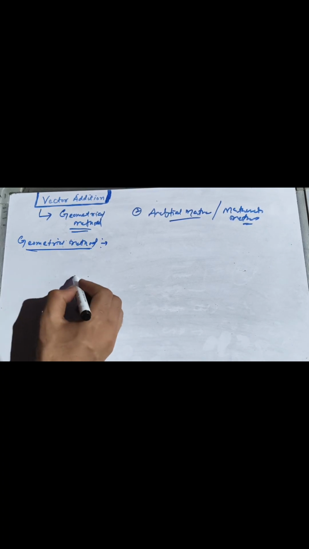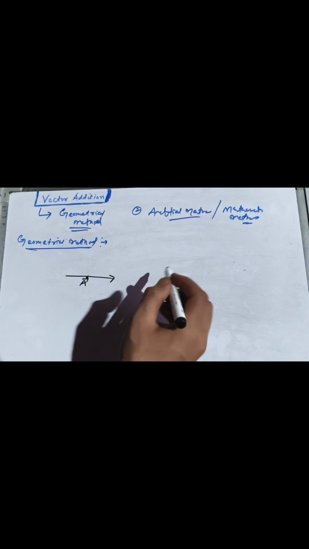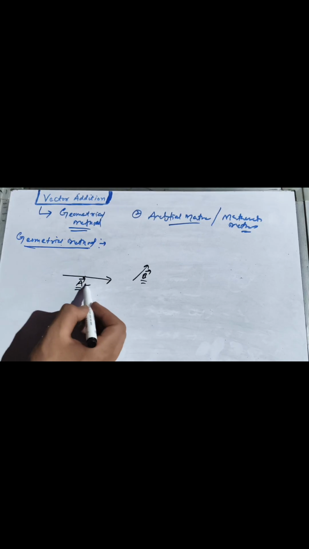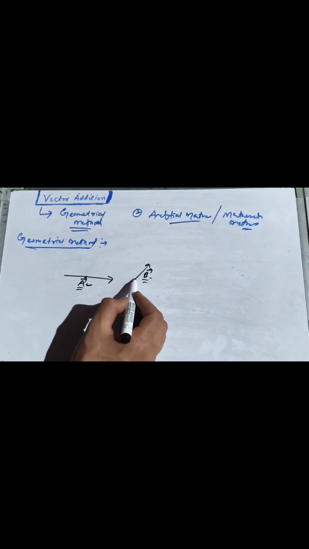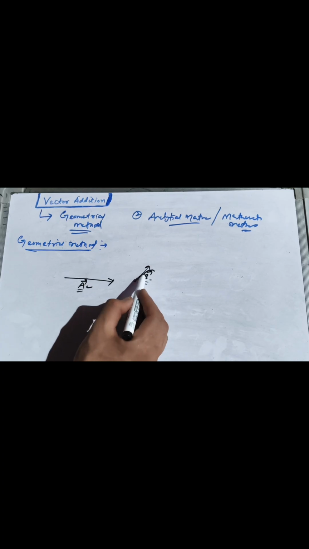Actually, there is a rule in the geometrical method. It says that if we have vector A and we have another vector B, and I have to find the resultant, or the net of these two vectors, the rule is that we have to take the tail of vector B and put it on vector A such that vector B shall not change.